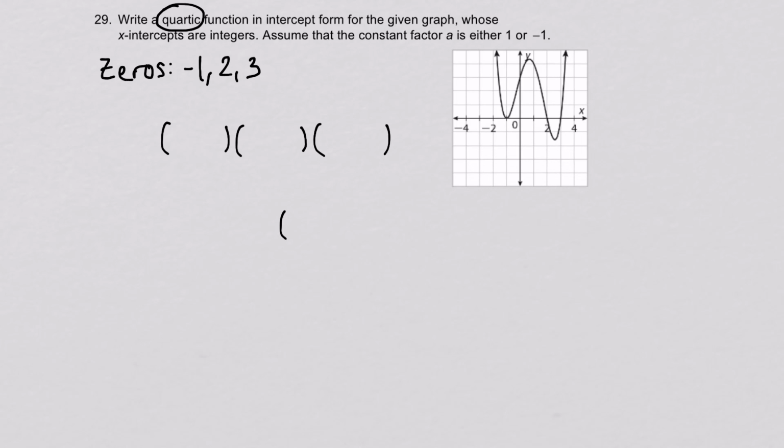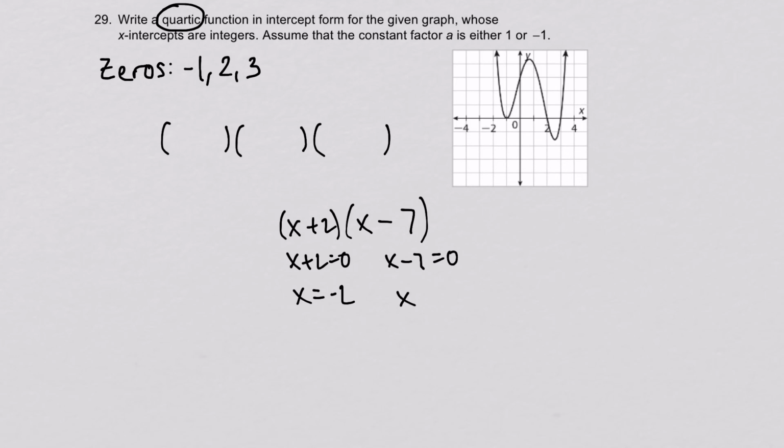So for example, if I say my factors are x plus 2 and x minus 7, what are the zeros? Well, then you would say x plus 2 equals 0, which means that x equals -2. X minus 7 equals 0, which means that x equals 7, right? So if I work backwards for the zeros that I already have here, -1, 2, and 3, what are the factors that gave me each one of those?